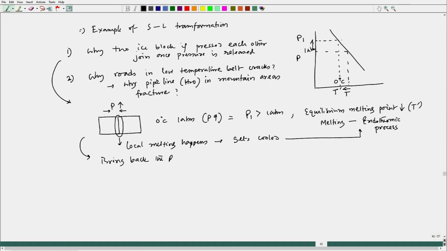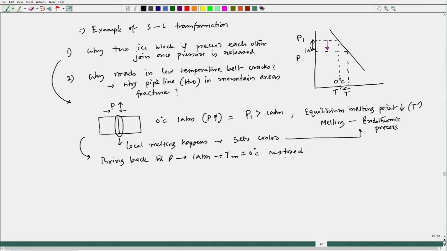Now, the second sequence: you bring the pressure back to 1 atmosphere. That means Tm equals 0 degrees Celsius.